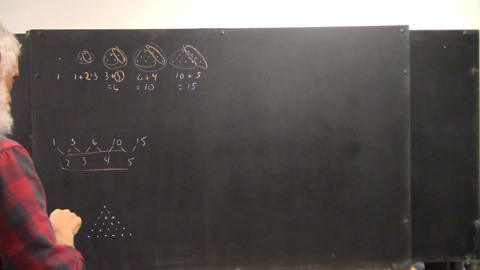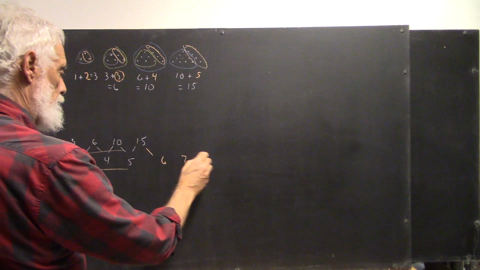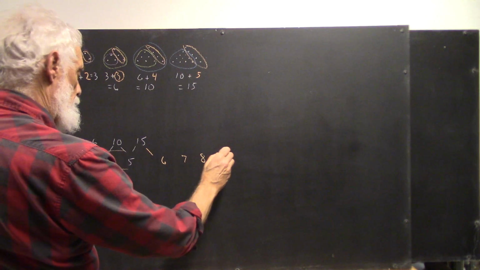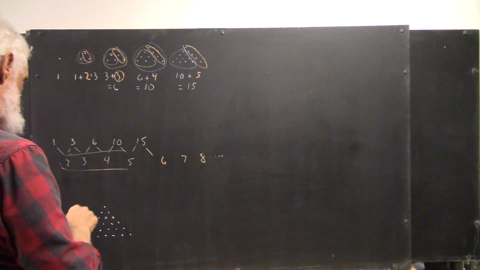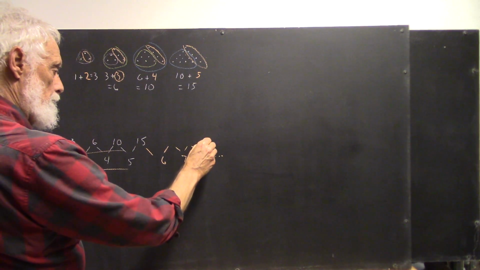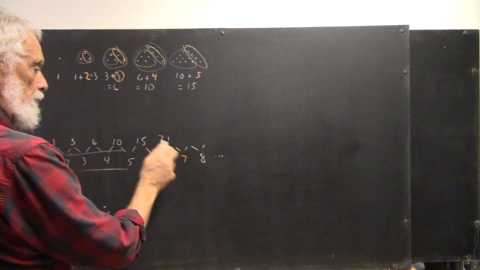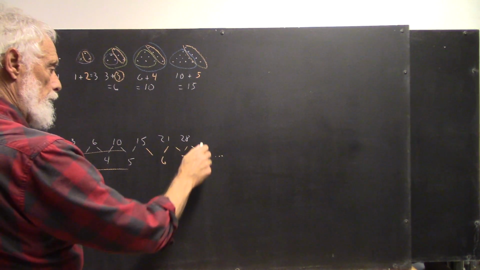And we see that we could then continue adding 6, 7, 8, and so forth. So that the next few numbers, 15 and 6 is 21, 21 and 7 is 28, 28 and 8 is 36, and so forth.